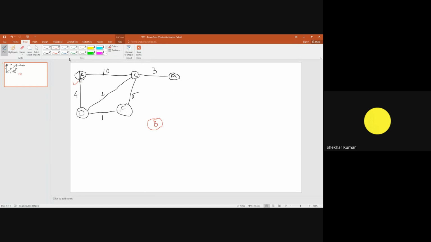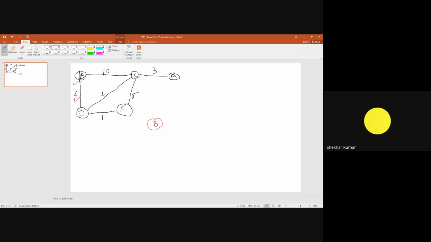There are two edges connected to it: B to C, where the weight, the cost of this edge, is 10. And there is one more edge connected to D, and the weight of this edge is 4. Then we will find the minimum cost.